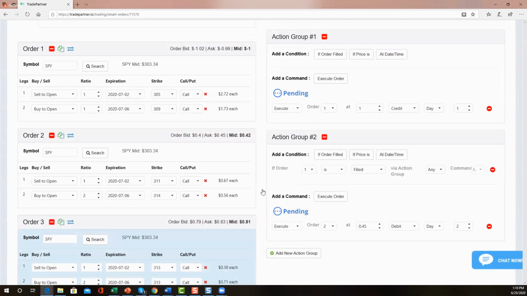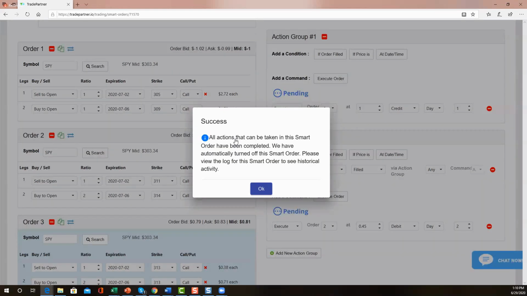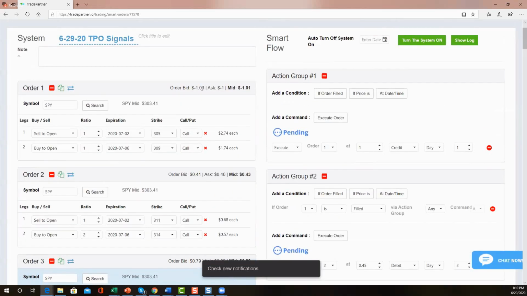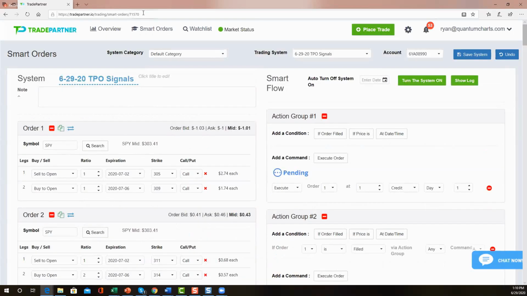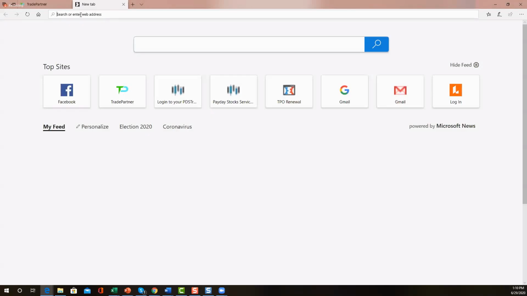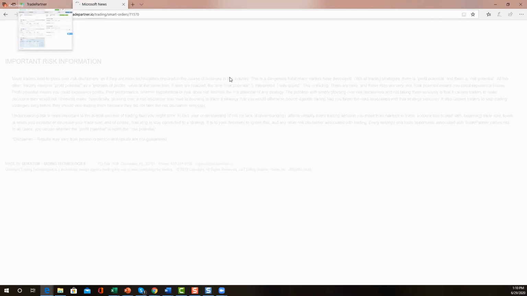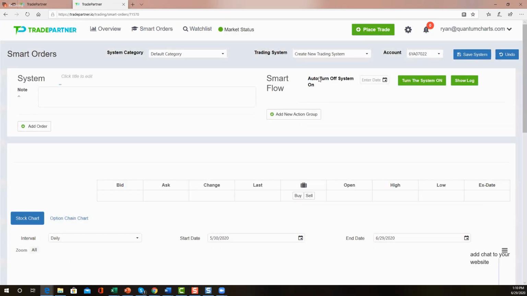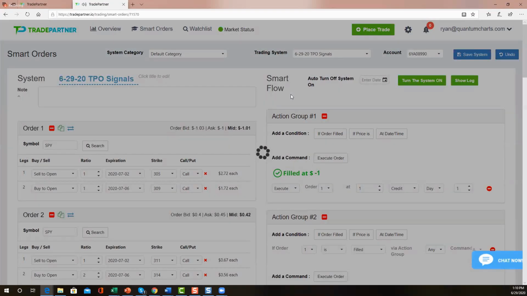All right, so I was filled on the first trade. I don't know why it says pending, because as soon as that message comes on, it is a filled trade. So hang on one second. All right, there we go.